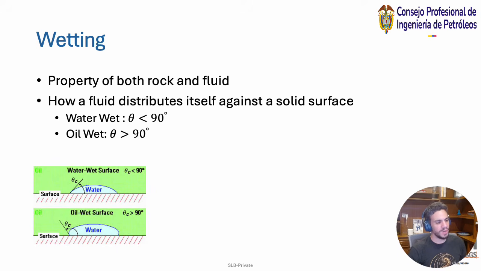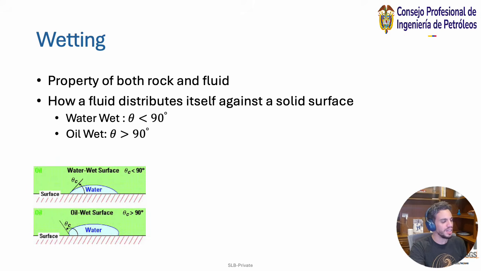If you want to think about this in a simpler way, you will also see a drawing of it when we talk about capillarity, but think of mercury. If I drop water on my table, it will spread out naturally, right? Whereas if I drop mercury, it will form a ball, resisting the touch of the wood. It wants to touch as minimally as possible, whereas water wants to spread throughout the surface. So that is what wettability is.